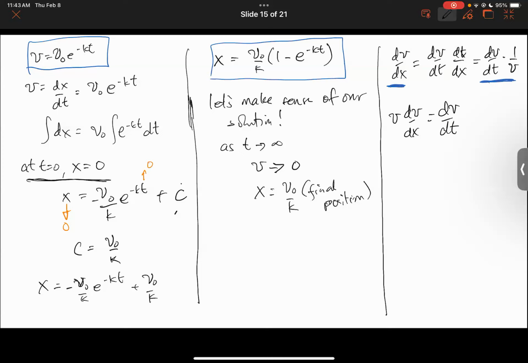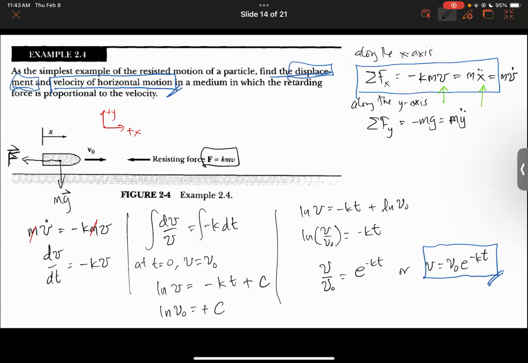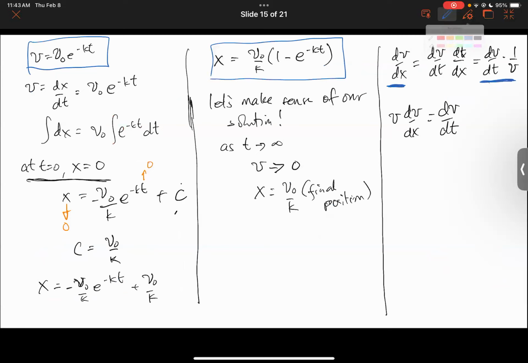Okay lang? Nasusundan nyo pa? Now, ano yan dv dt? Ang dv dt is minus kv. Okay, so we use that. Minus kv.